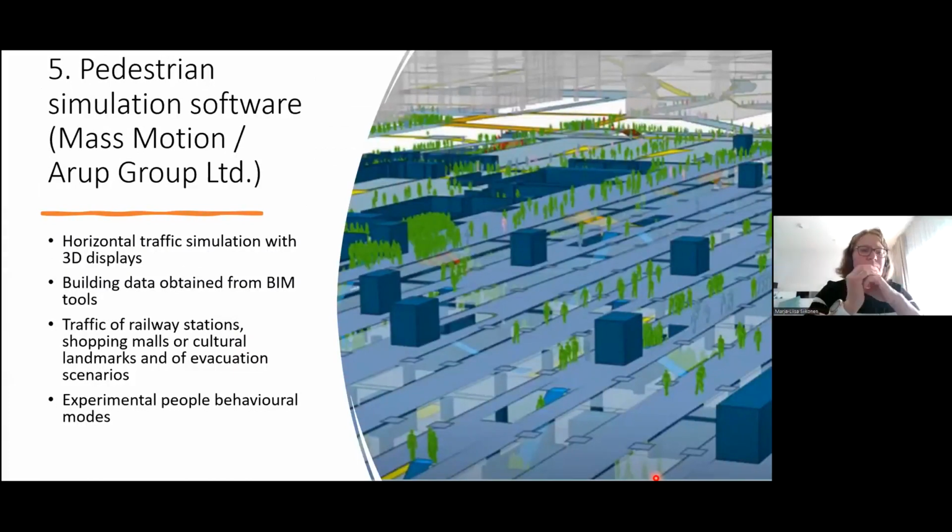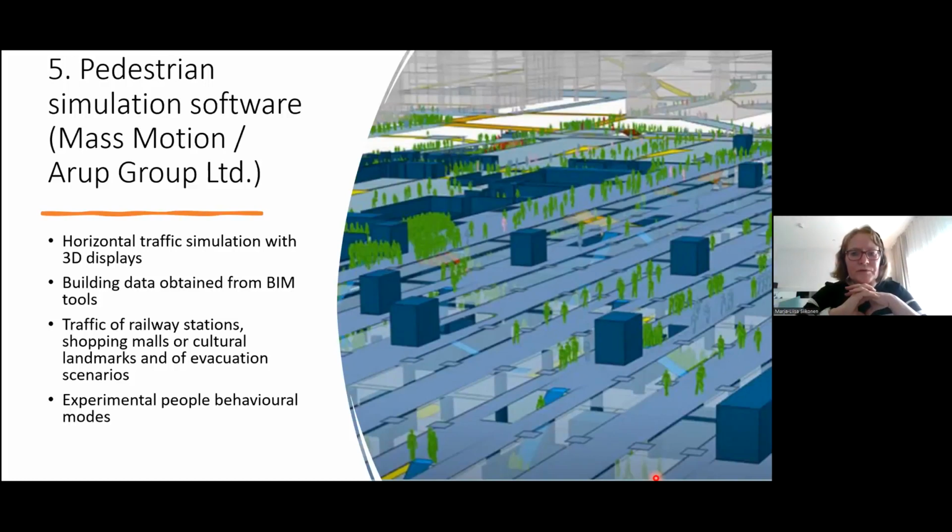This last example is called MassMotion. It's software from a world-famous design and architect company, Arup Group Limited. They use this simulator in planning, for instance, railway stations, shopping malls, cultural landmarks, and also use it in evacuation scenarios.